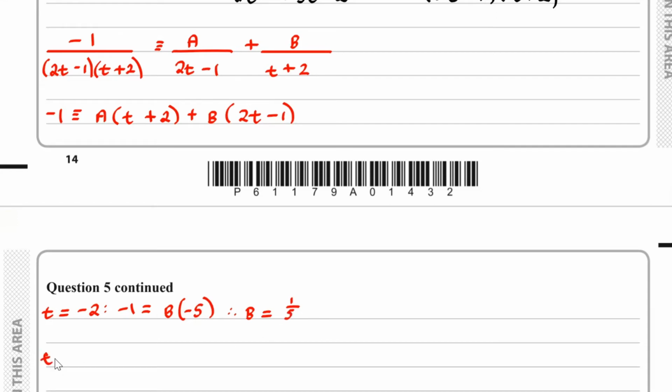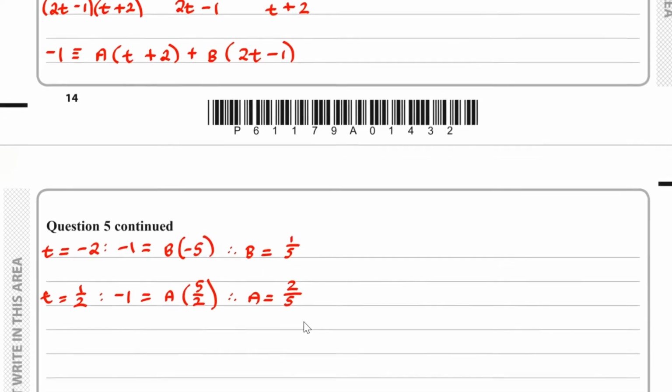And when t is equal to 1/2, on the left hand side we have the minus 1, on the right hand side the b bracket disappears, so we are left with a lots of 1/2 plus 2, which is 5/2. Solving for a, a is equal to 2/5.